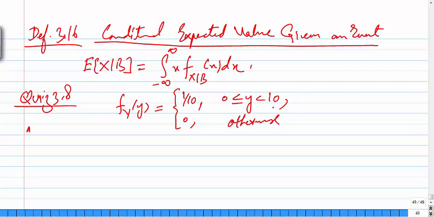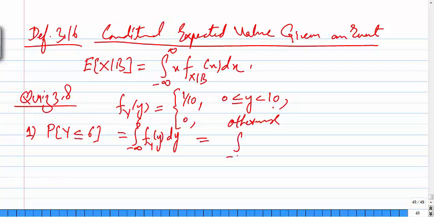The first one asks us to find the probability that capital Y is less than or equal to 6. This can be calculated using the PDF by taking the integral from -infinity to 6 of fY(y) dy. This is the formula. Just plug in the values.